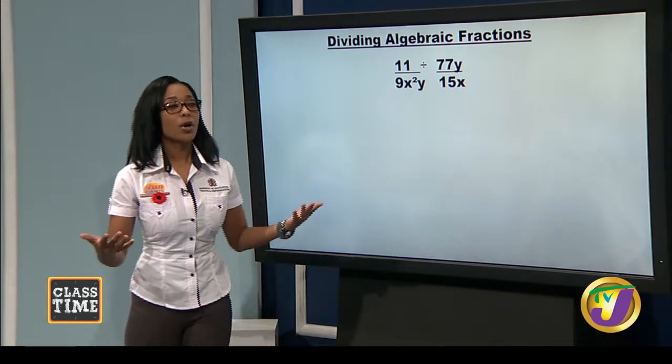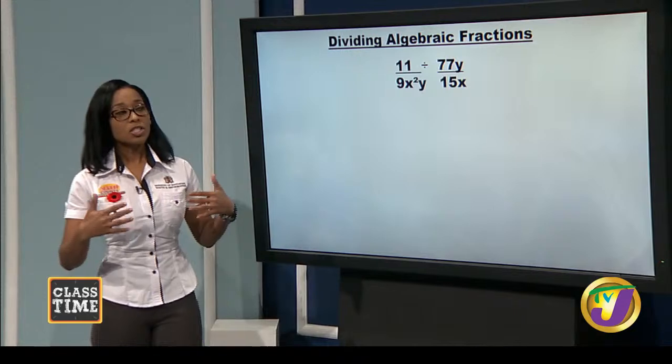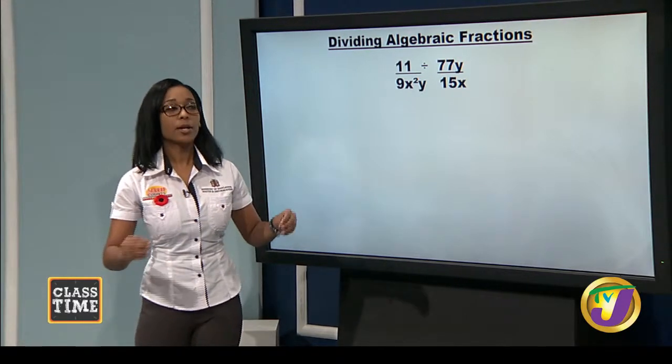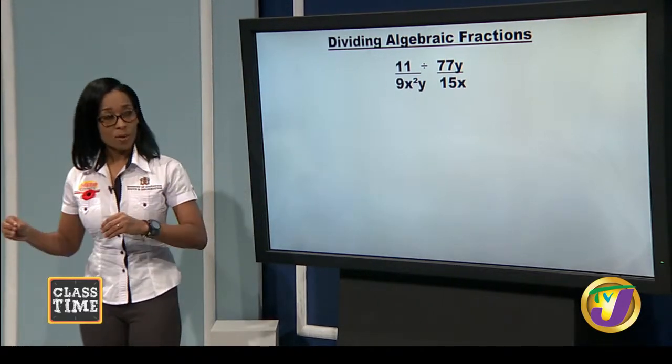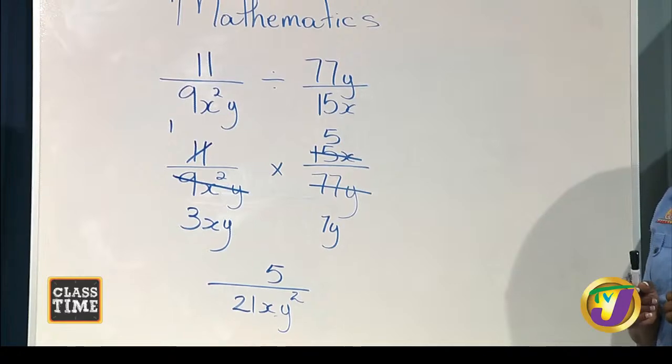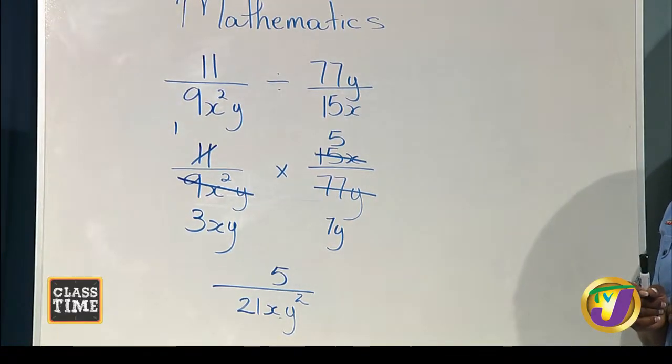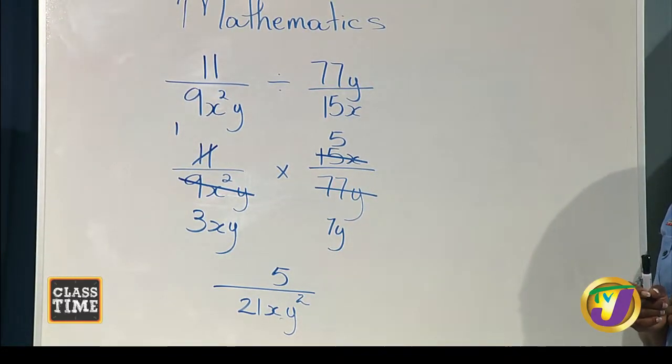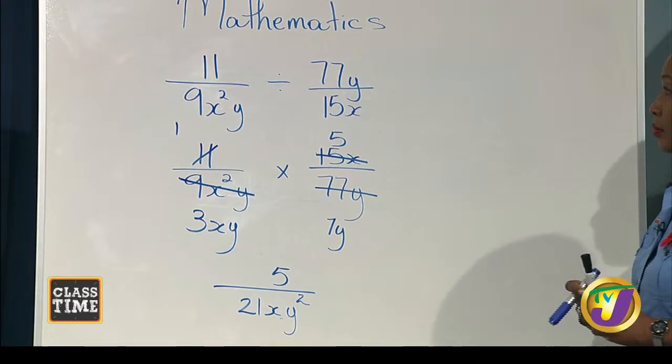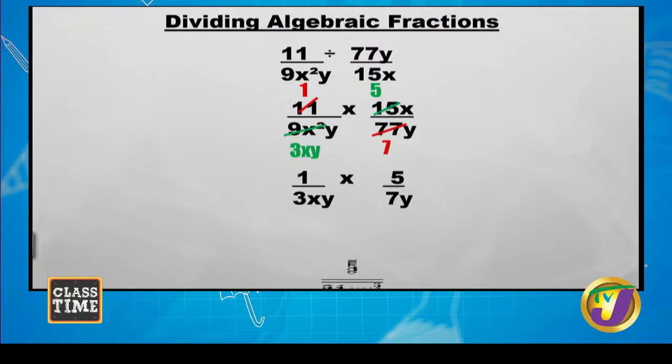After simplifying, she went ahead to multiply the denominators and multiply the numerators, which is how she has 5 all divided by 21xy squared.